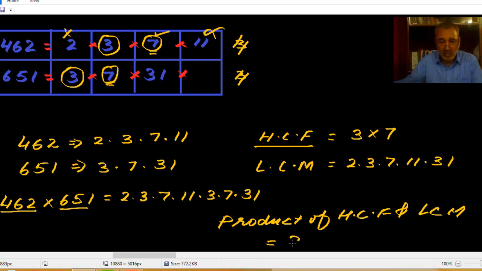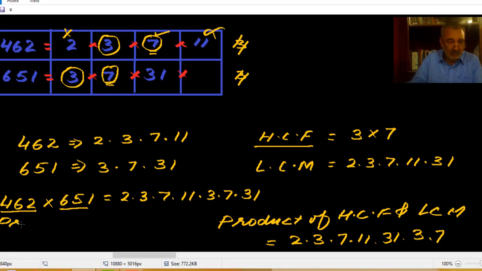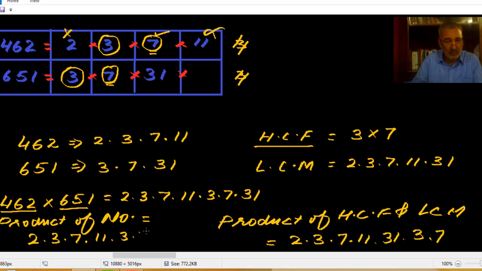It is 2, 3, 7, 11, 31, 3 and 7. What is the product of the numbers here? It was once again 2, 3, 7, 11, 3, 7, 31.